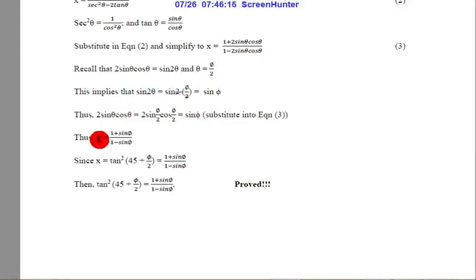Then our x reduces to (1 + sin φ)/(1 - sin φ). So x, which is the same thing as tan squared (45 + φ/2), is equal to (1 + sin φ)/(1 - sin φ). Since x is equal to this, and x is also equal to this, it means that tan squared (45 + φ/2) is equal to (1 + sin φ)/(1 - sin φ). Thus, this expression is proved.